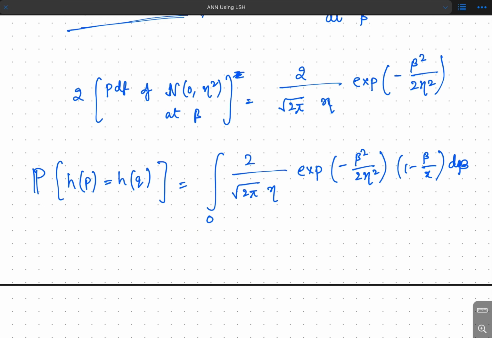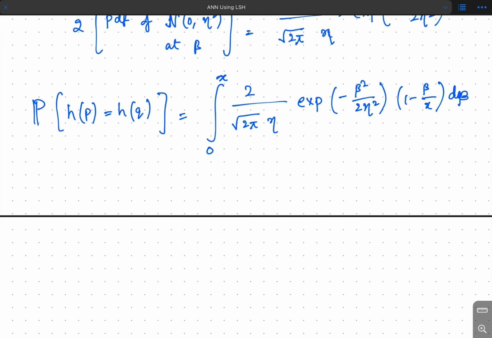Beta can vary from 0 to infinity, but we have already seen that if beta is greater than x, then this probability is going to be 0. So this just varies from 0 to x.